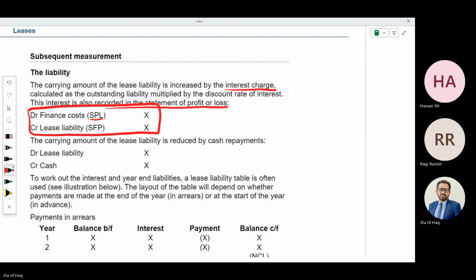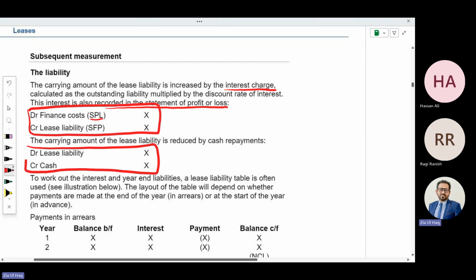Is that fine? And when will you make payment? We will make payment for the interest as well as the cost of the asset, and both payments will be paid combined. While making payment: lease liability debit and cash credit. Interest is already included because we added that interest to the lease liability.